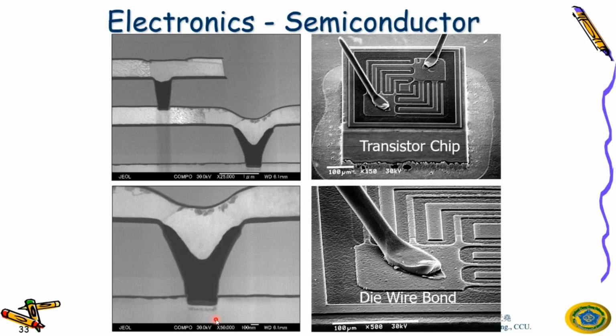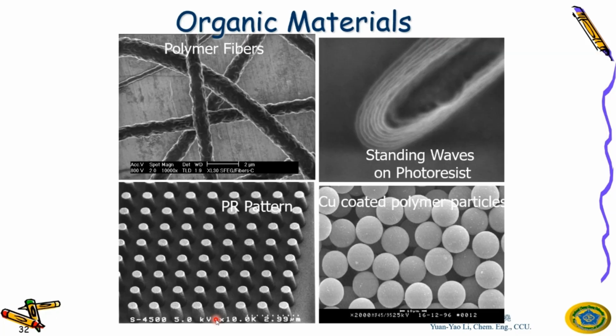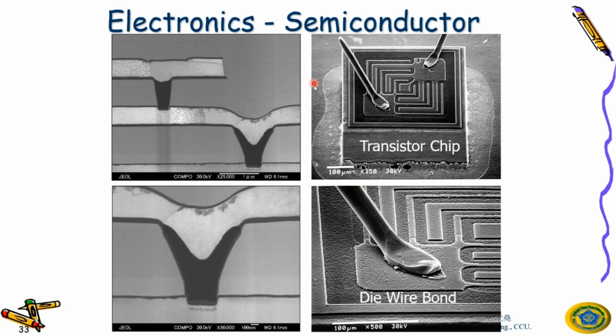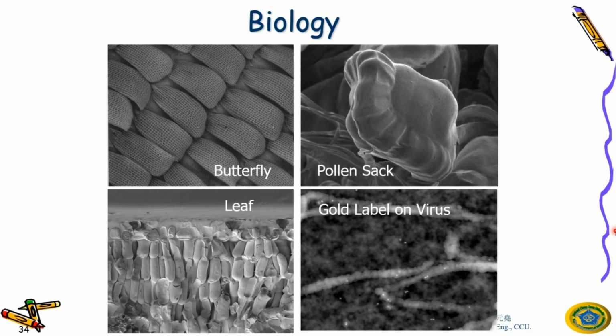Okay, let me show you. And this is a semiconductor. The cross section of the semiconductor is here, and this is the top view of the semiconductor chip. But also biologic materials: the wing of a butterfly, the pollen, and the leaves of a plant. You can see this, and a virus here.